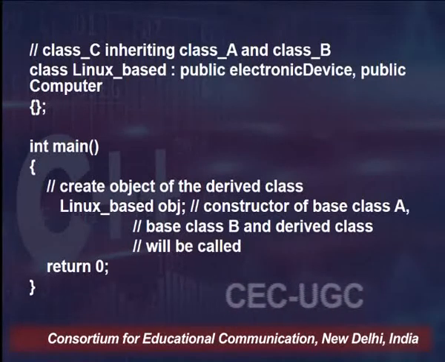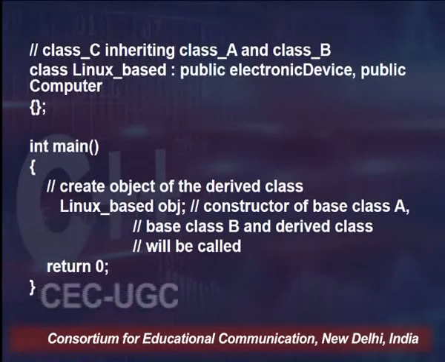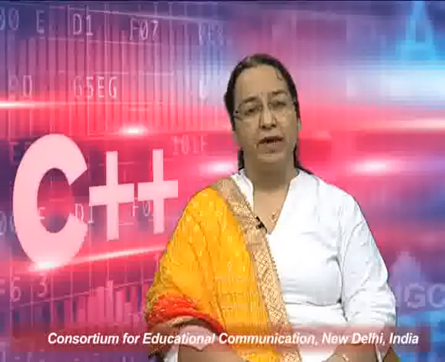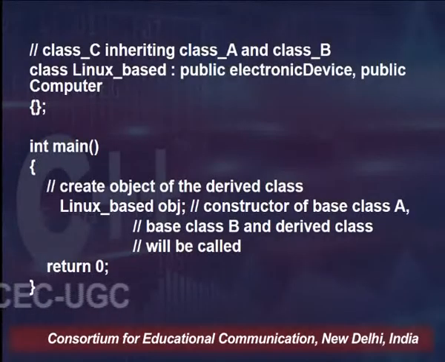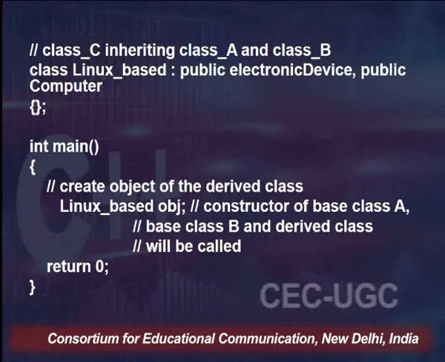Now coming to the integer main, which is the main function, we have created one object of this derived class, Linux based. Now what will happen whenever we are creating an object of this class?